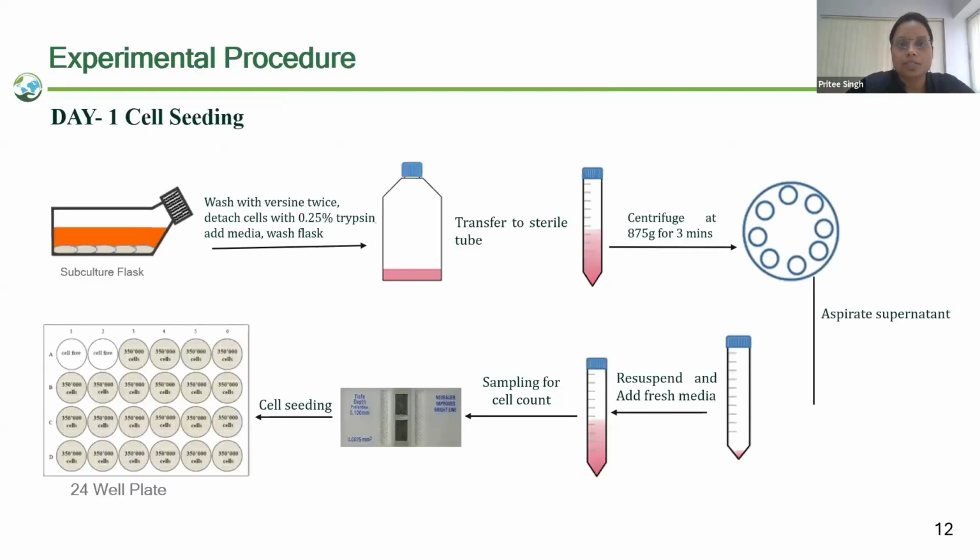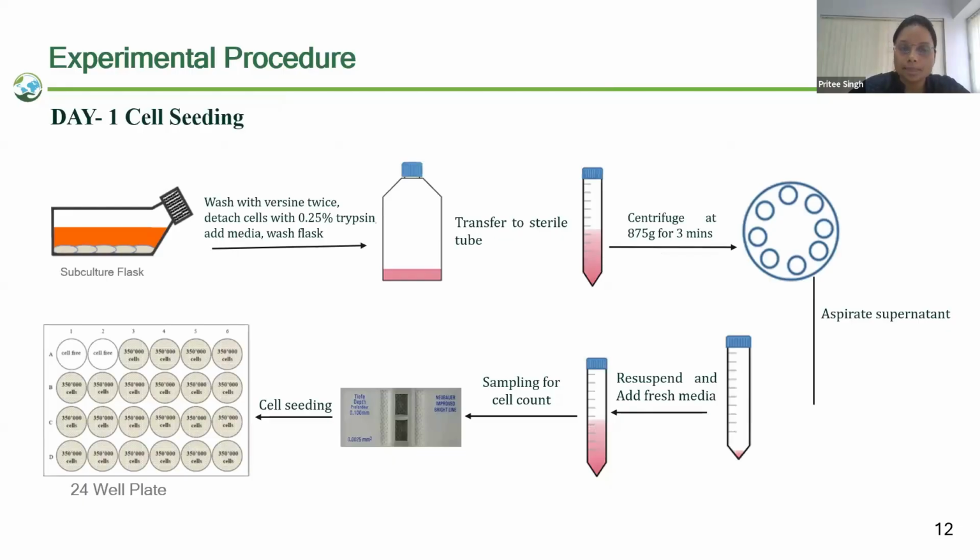Moving to our experimental procedure. So here, day one of the experiment, we perform the cell seeding. The cells are seeded in 24 well plates. Here a subculture flask of 10 to 12 days old that has reached full confluency is utilized.